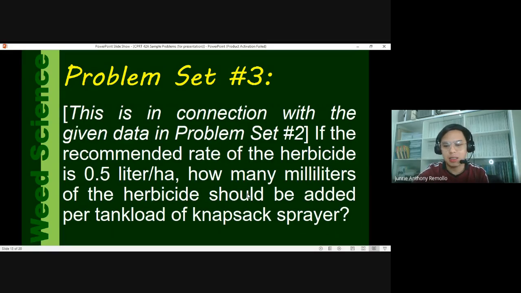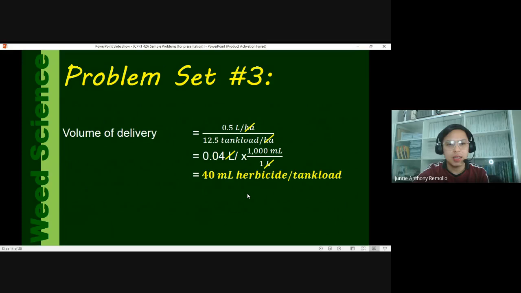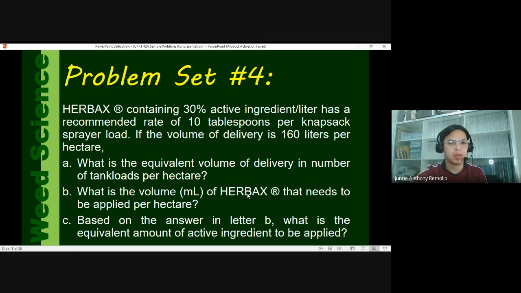So let's proceed to problem number 4. HERBAX containing 30% AI per liter has a recommended rate of 10 tablespoons per knapsack sprayer load. If the volume of delivery is 160 liters per hectare, then what is the equivalent volume of delivery in number of tank loads per hectare?